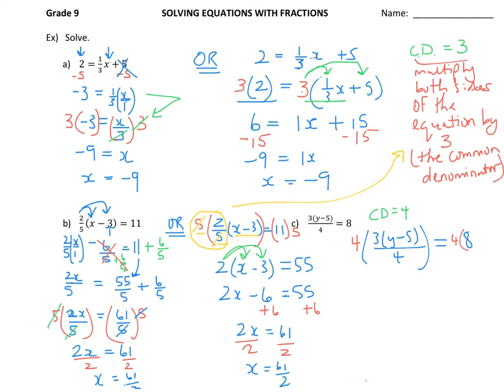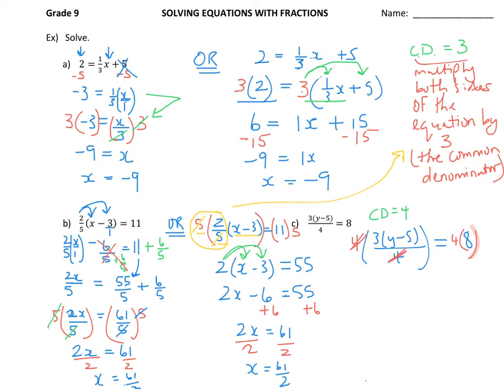Now, in this question, like I did with the previous question, over here I took my 5 and my 5, and I did the division piece to that. I'm going to do the same thing with this particular question.